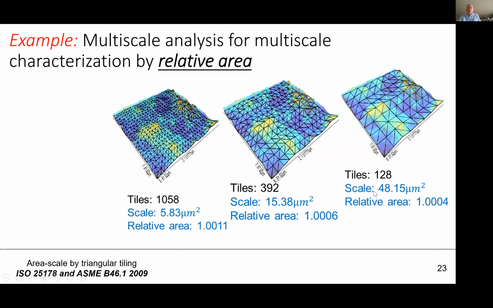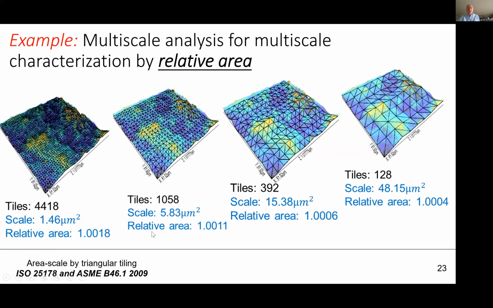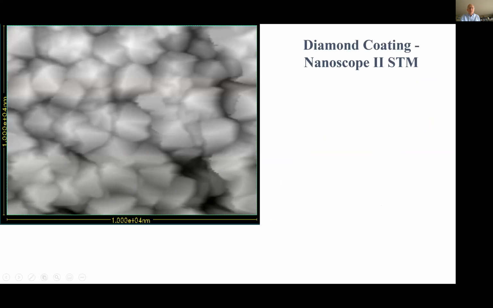Relative area goes up, scale goes down. Now, this doesn't appear to be going up very dramatically, and that's not the key question. The key question is, can this help us discriminate or differentiate or discern two surfaces or two groups of surfaces, or can it help us with correlations?